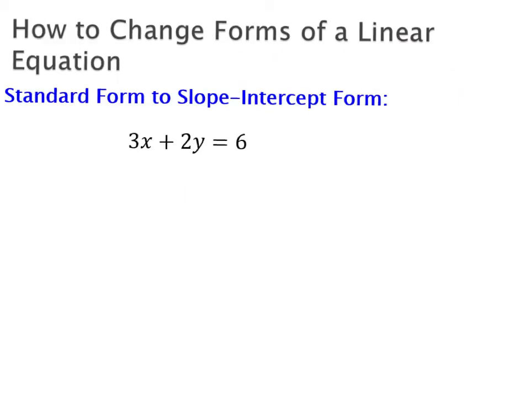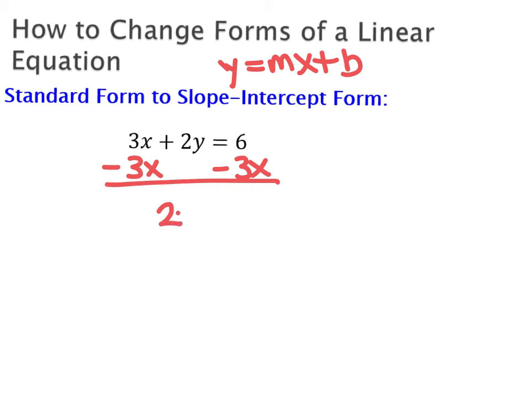Now, in order to change an equation that's in standard form into slope-intercept form, our goal is to change it into that y equals mx plus b form. So you want to solve to get y by itself. The first step of this process is I would subtract 3x from both sides, which will give me 2y equals -3x plus 6.